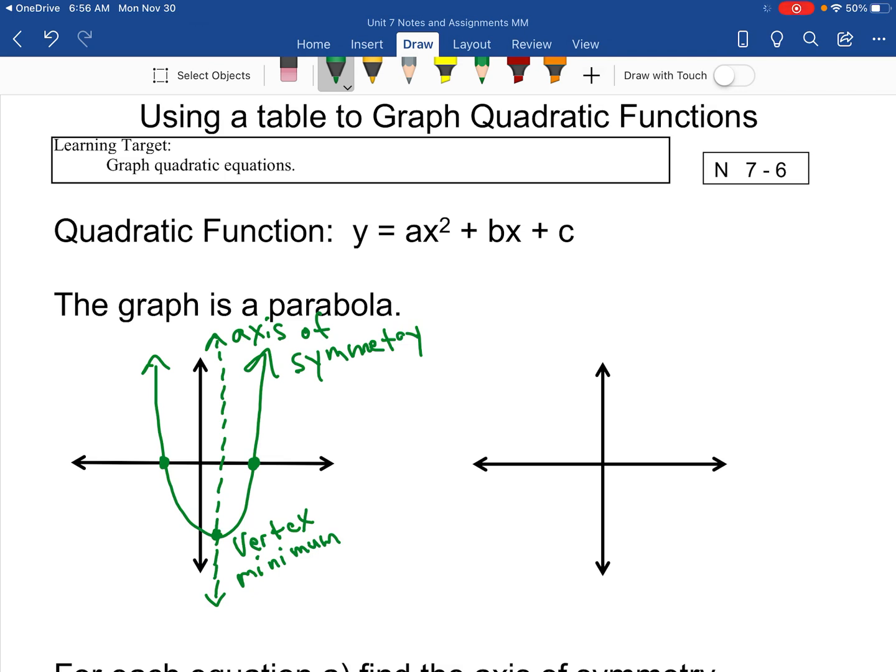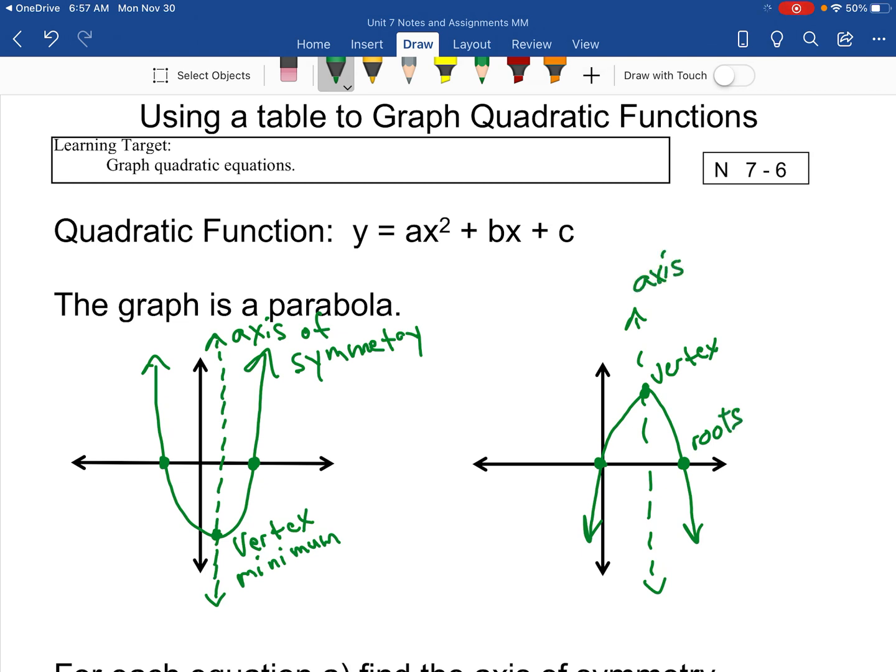So you can have a parabola that looks like this. This is a positive parabola, or a positive a value. We could have a parabola that looks like this, has a negative a value, and it too will have an axis of symmetry, a vertex, roots.